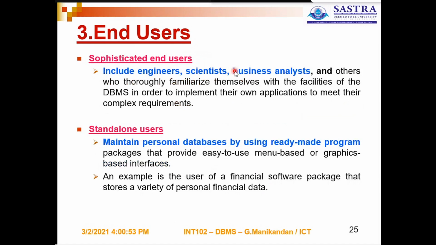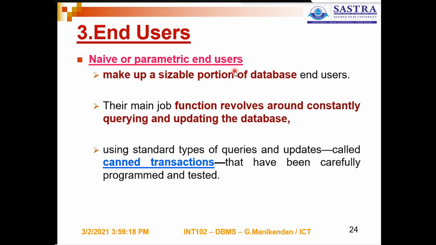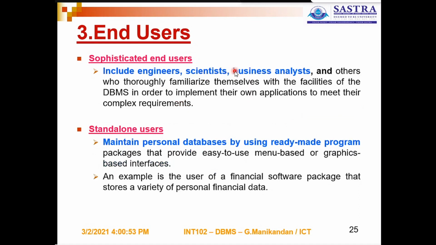The third one is the sophisticated end users. The difference is that the previous two categories do not have any knowledge about the database or the database management system. The third category, sophisticated end users, includes engineers, scientists and business analysts.